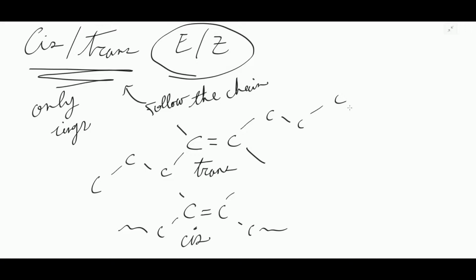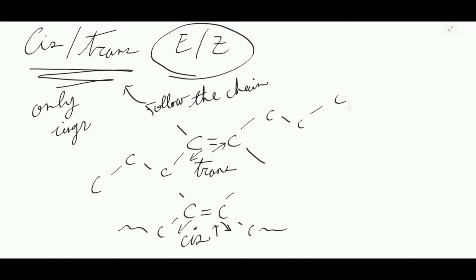Trans means across, cis means same. So cis means on the same side, because they're both on the same side of the double bond. They're both on this bottom side. Whereas trans means across, they're on opposite sides of the double bond.